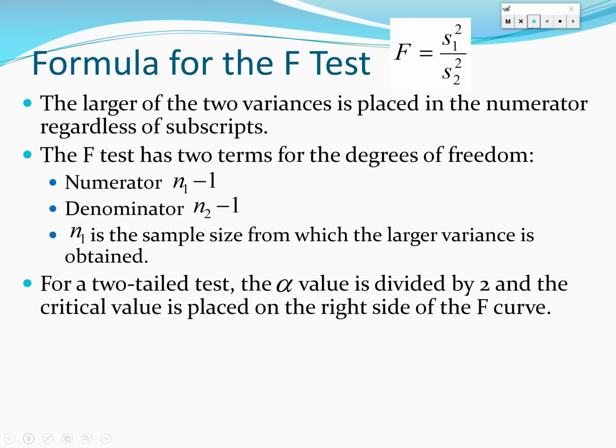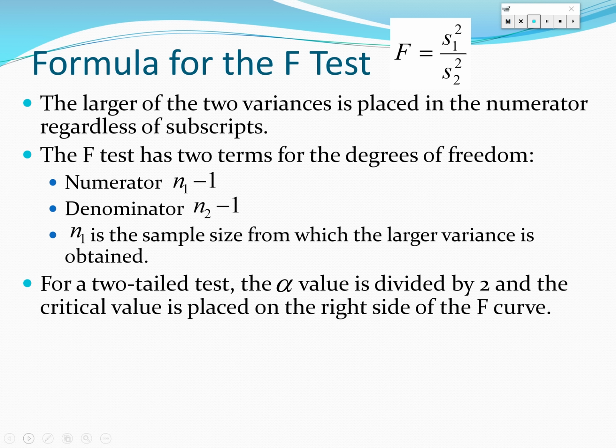For a two-tailed test, the alpha value is divided by 2, and the critical value is placed on the right side of the F curve. I know it's a two-tailed test, but the reason we only place it on the right side is because if we always put the larger variance in the numerator, our F value is always going to be larger than 1.